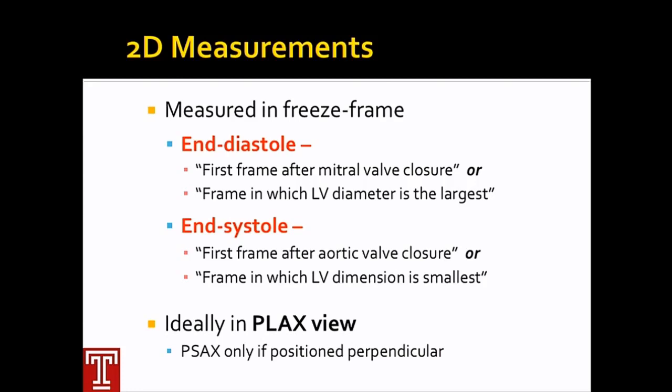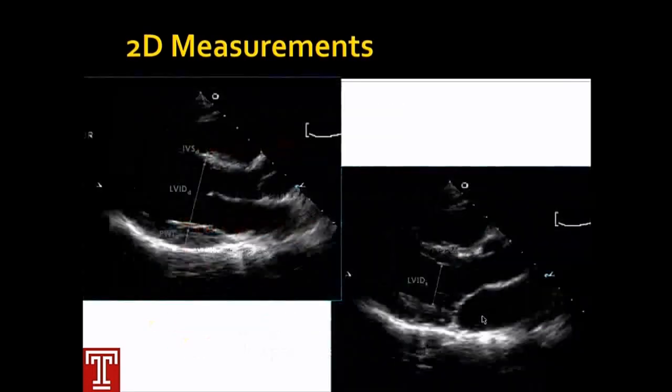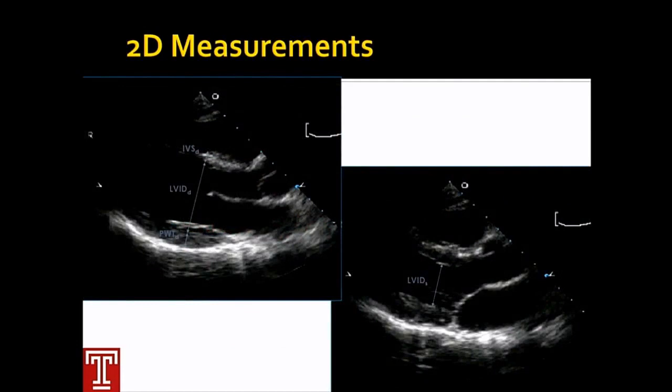The truth of the matter is it's very hard to tell whether you have subtle elliptical deformation or whether you truly have the perfect perpendicular donut in the short axis. So truly these measurements should be made in the parasternal long axis view. And here are some examples of appropriately made measurements.